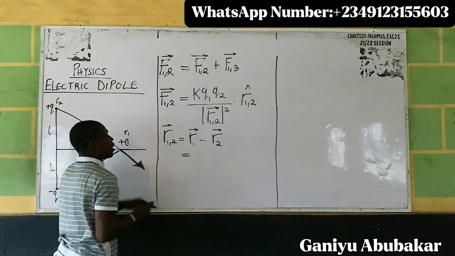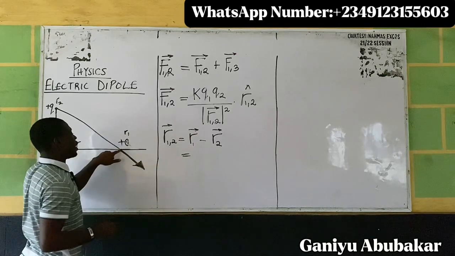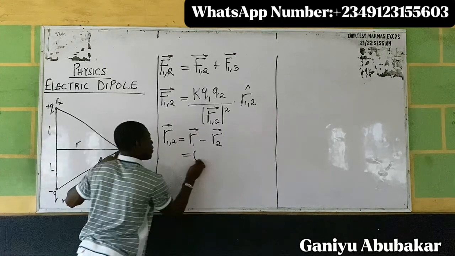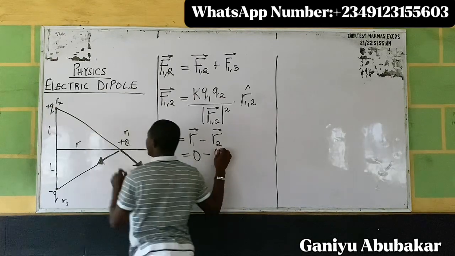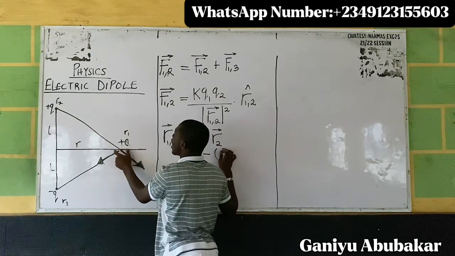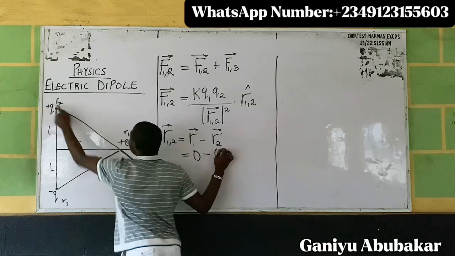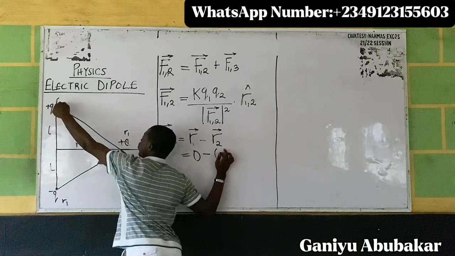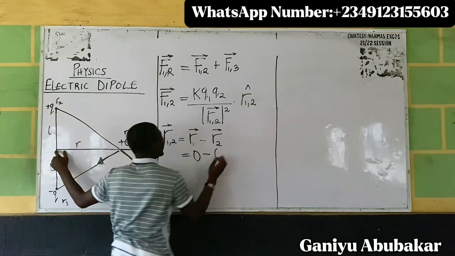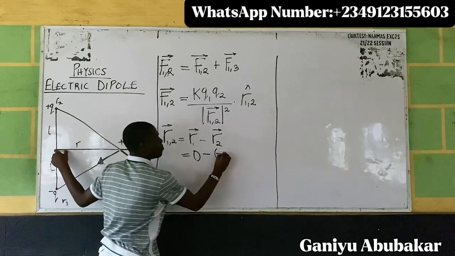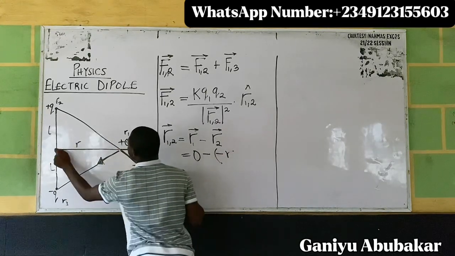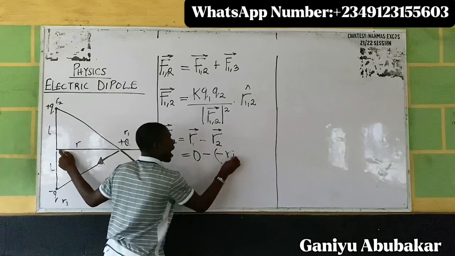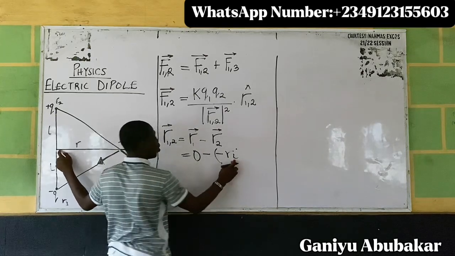Let's get R1. R1 is your origin here, so that's 0 minus R2. R2 is here. From R1 to get to R2, I have to move this way, the negative x direction, that's minus R.